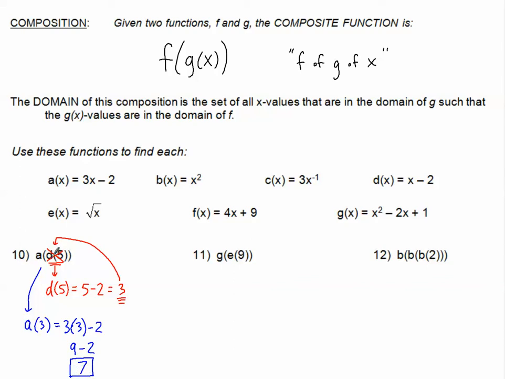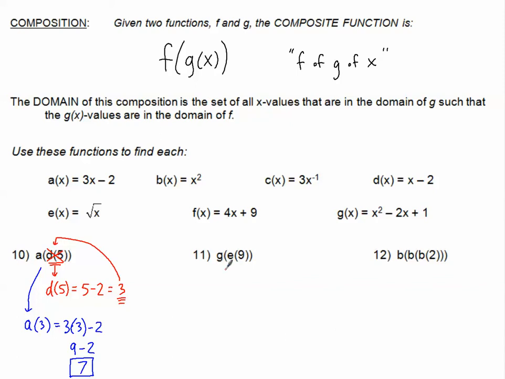So a of d of 5 equals 7. Notice that's the only thing I boxed or circled. I might underline the middle number that I find. I'm looking for a of d of 5. I find d of 5 first, and then plug that back in and find a of that number, and I have my final answer.